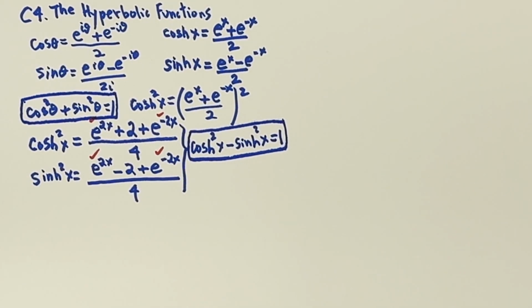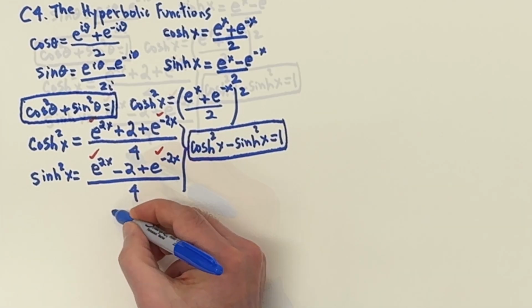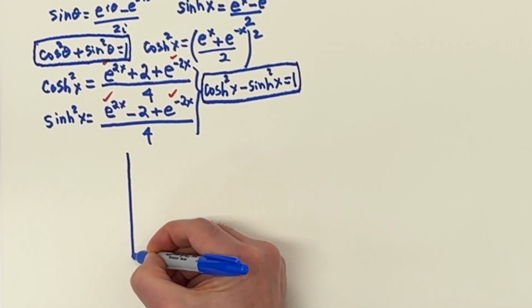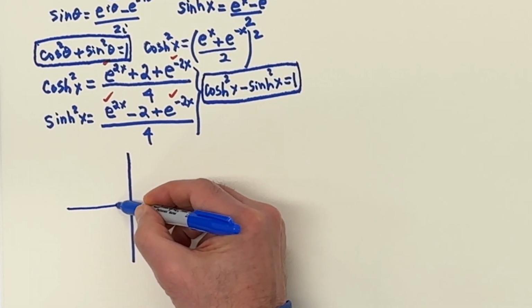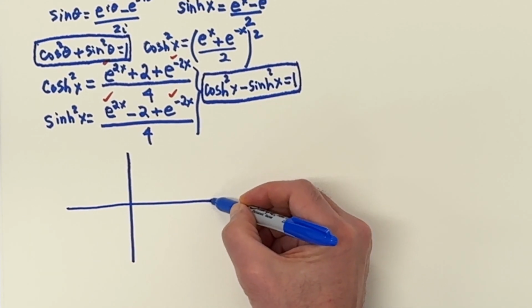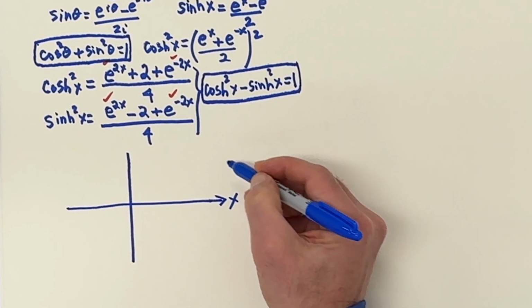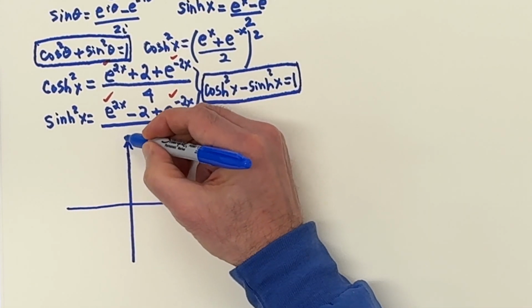Now, at this point, we should take some time to try to understand what these new functions do. In other words, let's sketch the graphs. So to do that, I'm going to look at my x and y axis here. This is the x. Going up here is y.